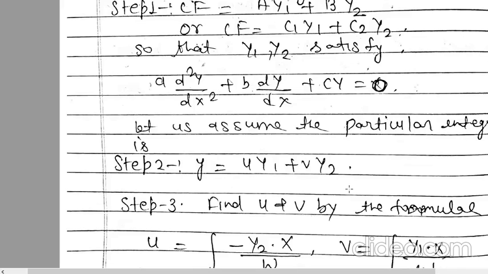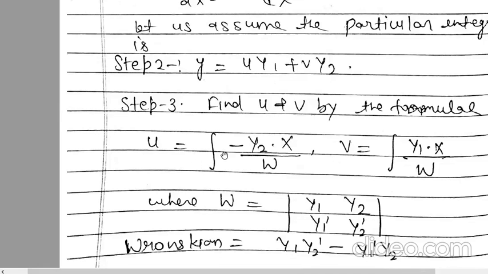Then we have our particular integral, right? So find u and v by the formula: u is equal to integration of minus y2 into X upon W, and v is equal to integration of y1 X upon W. I am not giving you the proof of this, where it is coming from. I am just using the direct formula.